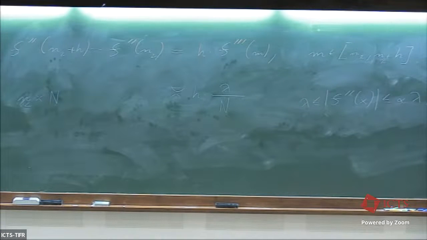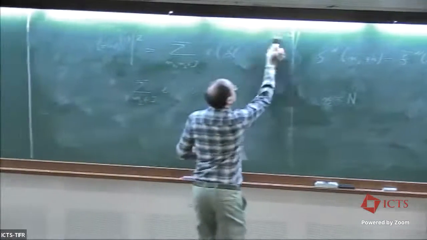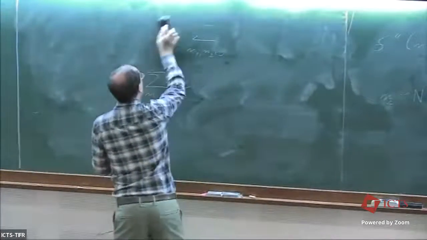So somehow we need to make the idea work in such a way that we only keep h's which are small compared to the size of the other variable. So that is what we want to derive now.